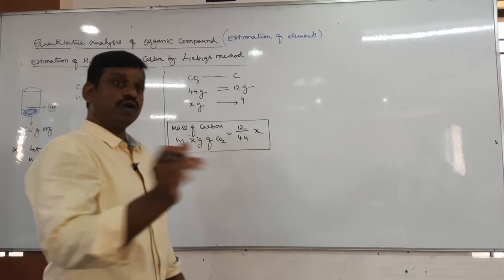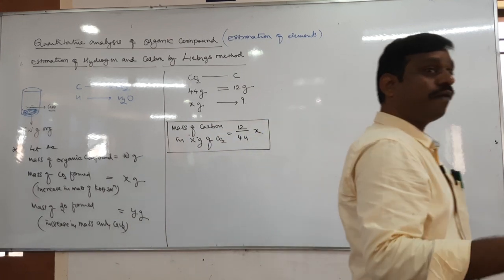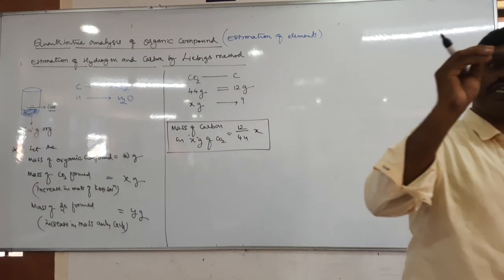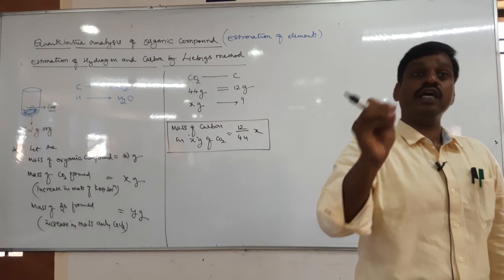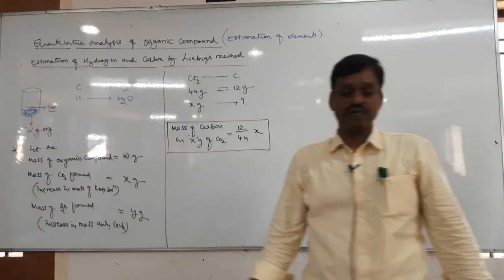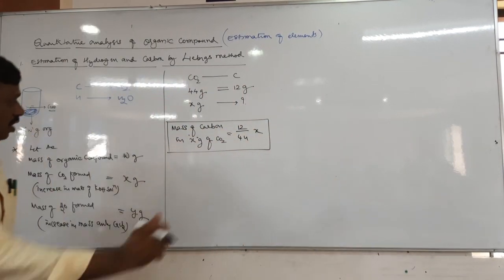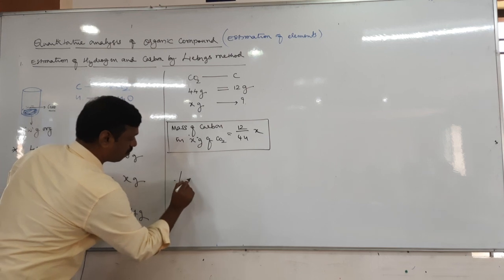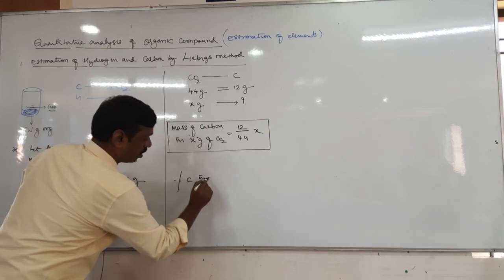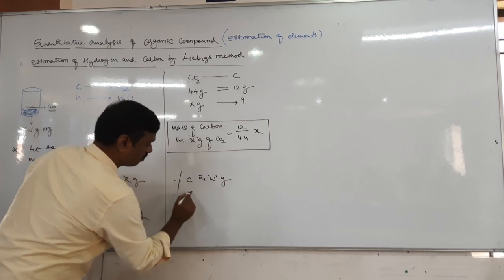This is the mass of the carbon in x gram CO2. But actually we don't want to calculate mass. What do we want to calculate? Percentage. What is the percentage of carbon in W gram of organic compound?